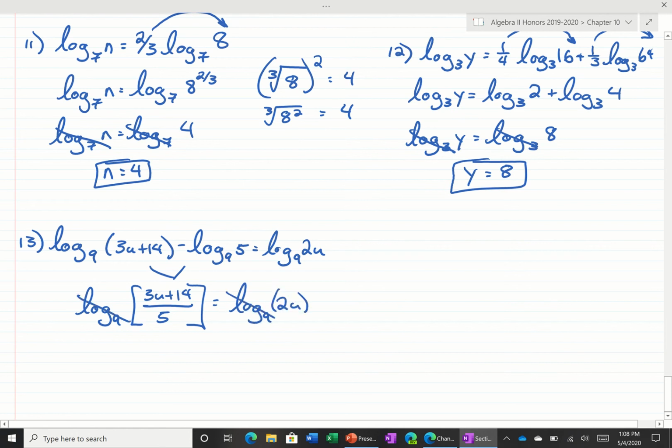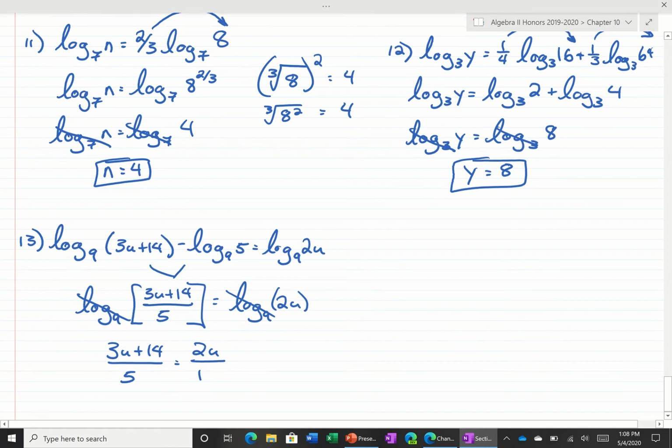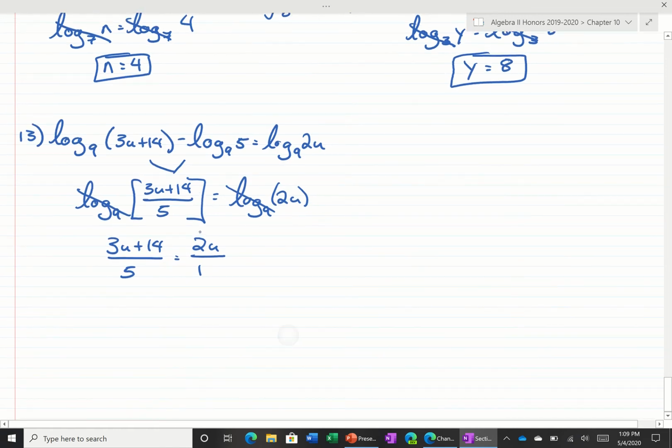Property of equality would cancel these. And we have a proportion. So what we could do is just cross multiply to finish this. 2u times 5 is 10u would equal 1 times 3u plus 14. And you'd get that u is equal to 2. You could plug it in and it will wind up working.